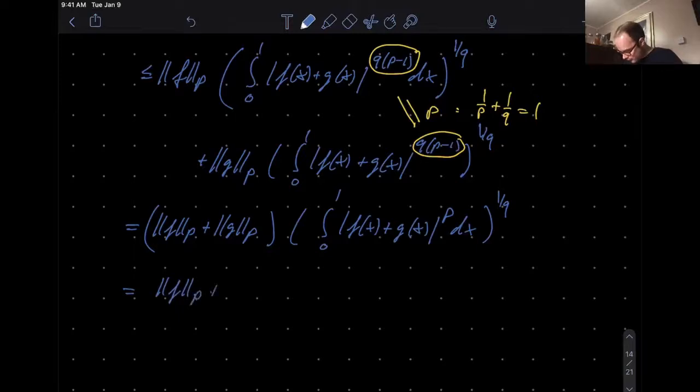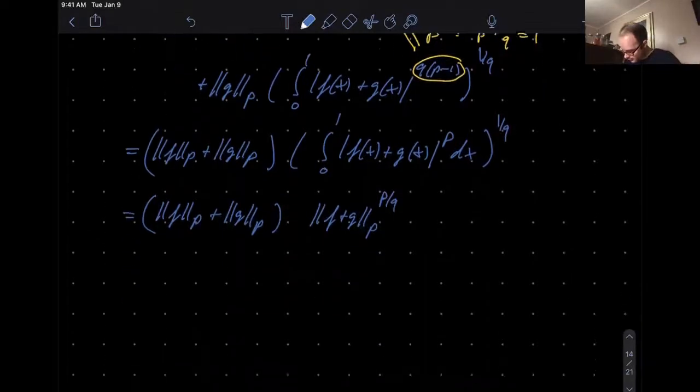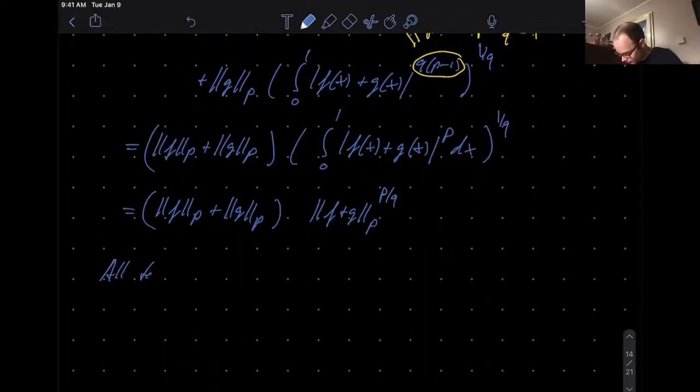This is the p norm of f plus the p norm of g, and what is written here is the pth root of the integral, to the power p over q. You can check. So all together, you started on the left with the p norm of f plus g to the power p.